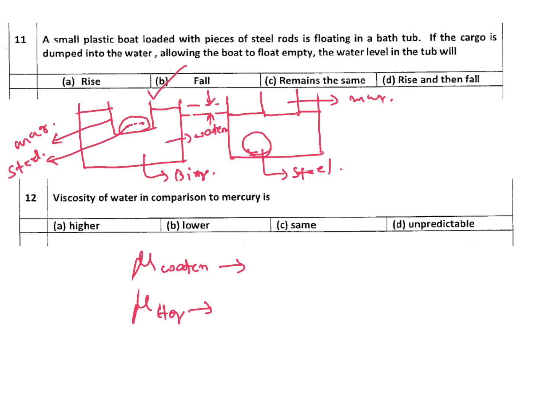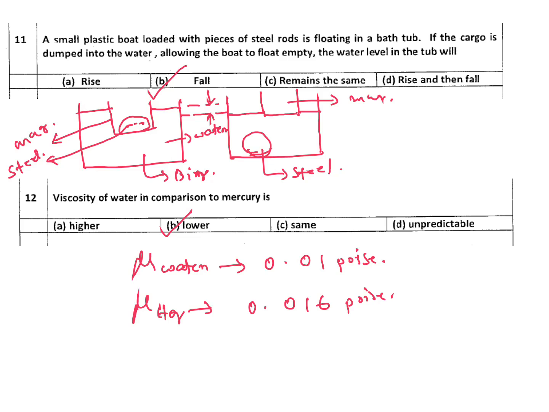For water at 20 degrees Celsius, it's 0.01 poise, and for mercury it's 0.016 poise. So viscosity of water in comparison to mercury is lower. B is our answer.